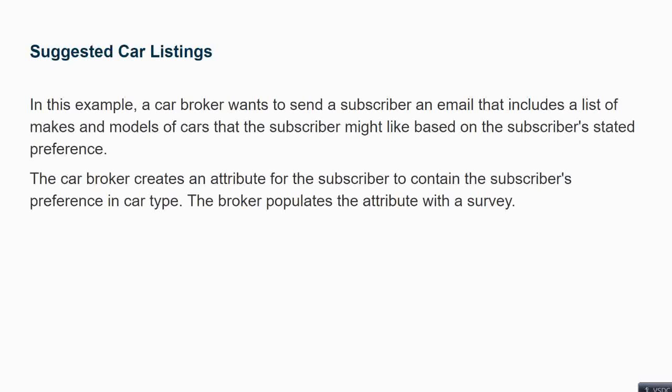The data includes the email address, the first name, last name, and the preference of car, what kind of car the customer likes. Such information has been captured previously by the company, let's say the car broker.